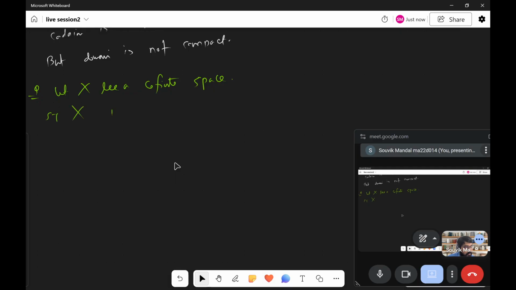Show that x is compact. Basically, this theorem says that any cofinite topological space is always compact. Okay, so this is the thing you need to prove or disprove, whatever it is. Please try to do it by yourself.